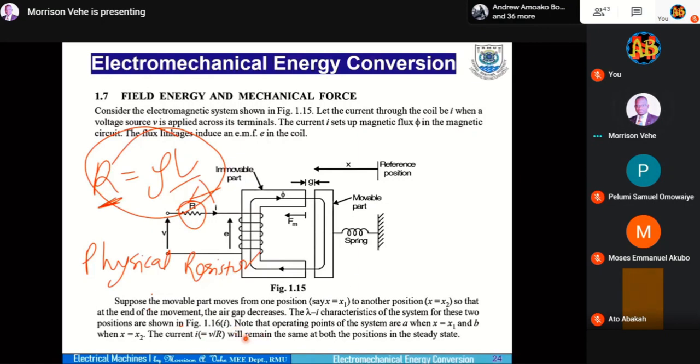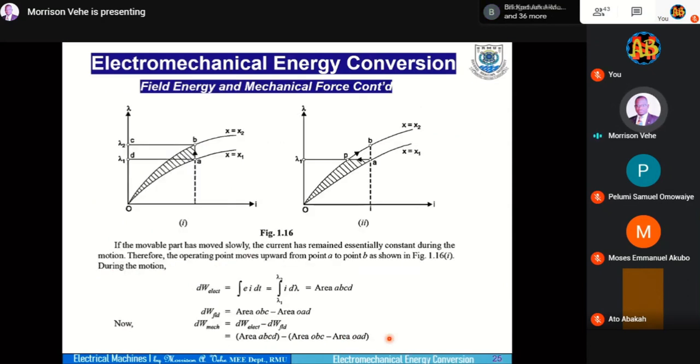It will remain the same at both positions in the steady state. If the movable part has moved slowly, the current has remained essentially constant during the motion.